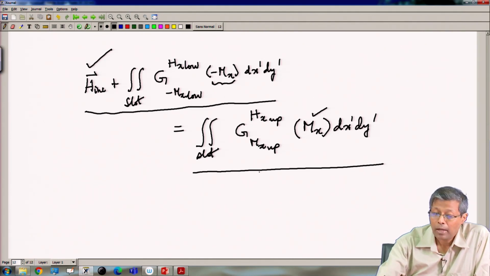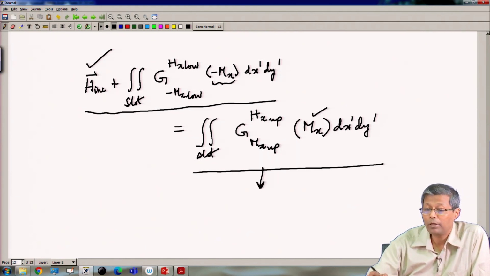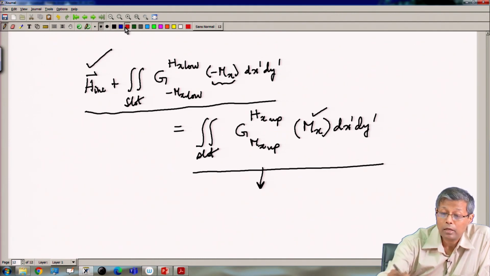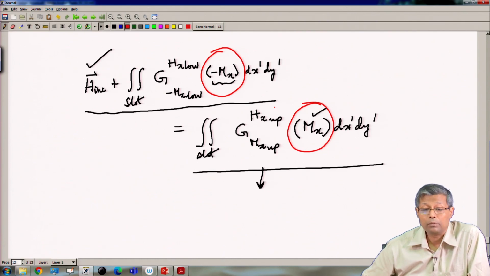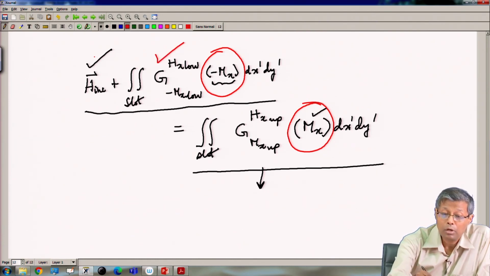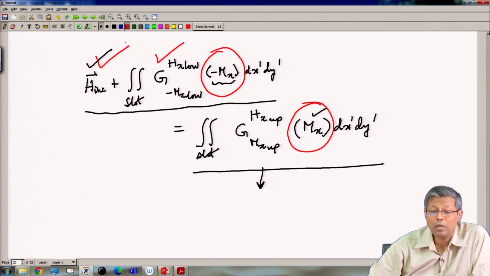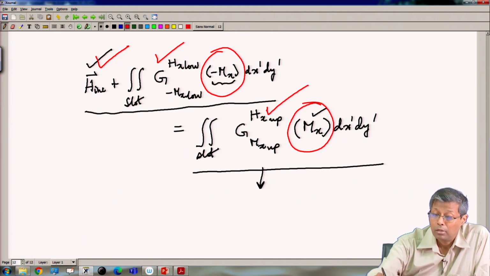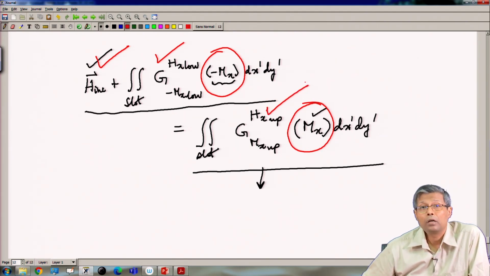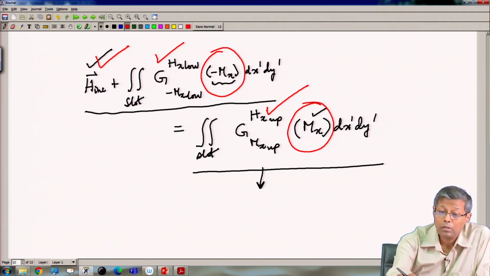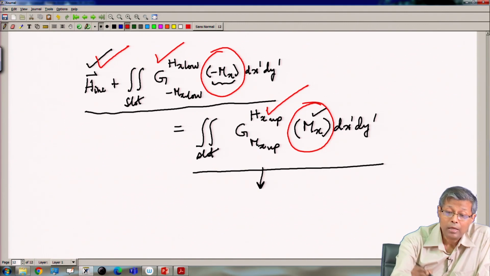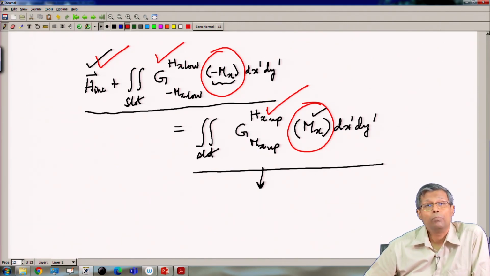So, now by application of the method of moments, the unknown magnetic current Mx is obtained, because the Green's function is known, the H incident is known. The Green's function for the upper problem is known, the Green's function for the lower problem is known, the H incident for the dominant mode is known.